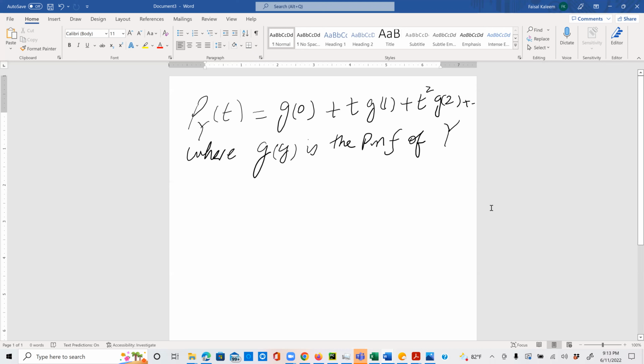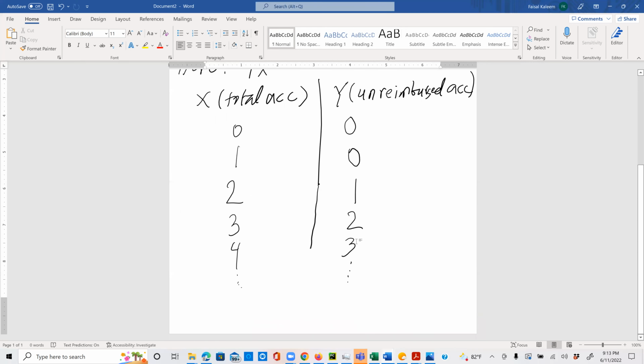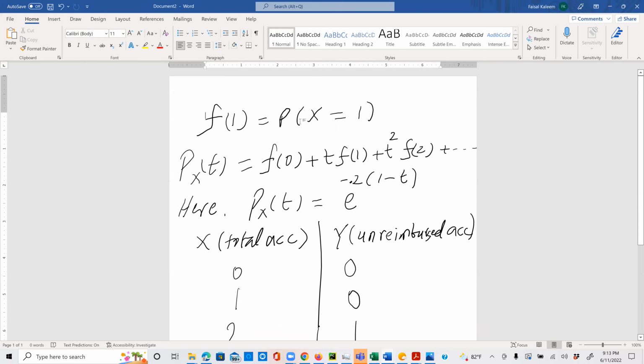So g of 0 is the probability Y is equal to 0. Like we said over here, f of 1 is the probability X is equal to 1. So any PMF value is the probability at that random variable value.